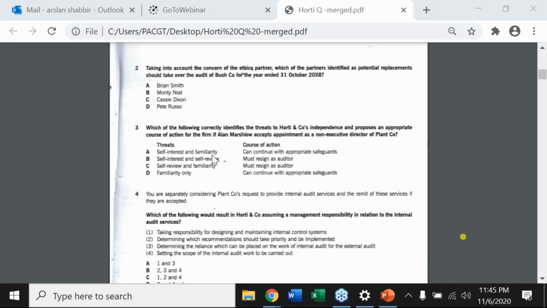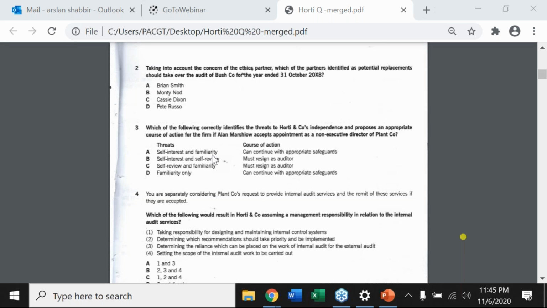Here we are talking about Alan Marshall. So we should think what's the relation of Alan Marshall with the client. He does not have any familiarity risk with the client because he was the quality control reviewer for the last 2 years only. If you are thinking about the Houghty and Co and Plant and Co relationship, then it was several years.